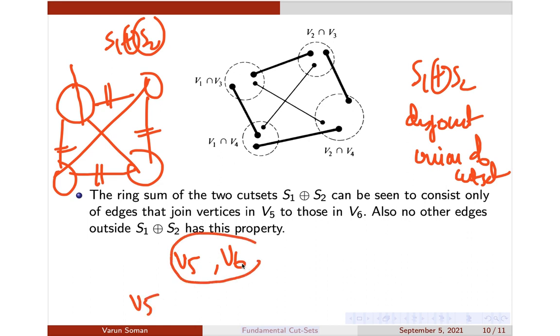One cut set will disconnect all the connections between V5 and V6, and another cut set will cause a disconnection in V5. So we are getting two cut sets. Suppose V6 is also disconnected, that means there will be a cut set in V6 as well. So if you take all these cut sets together, you will be getting a disjoint union of cut sets. That's only in the extreme case, but that possibility is also there.